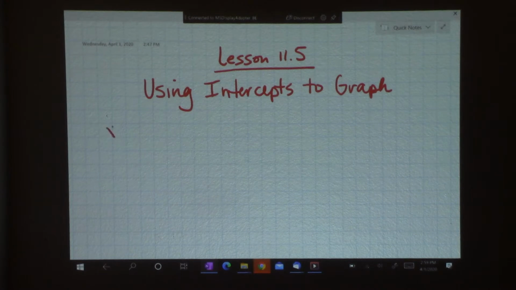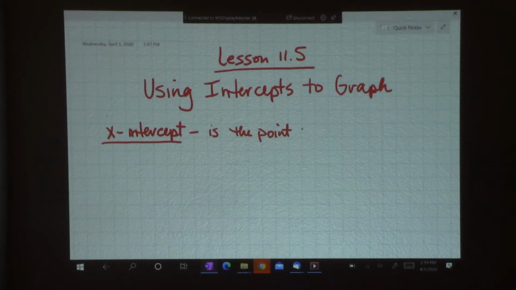So the x-intercept, let's write down that definition, is the point where the line crosses the x-axis.